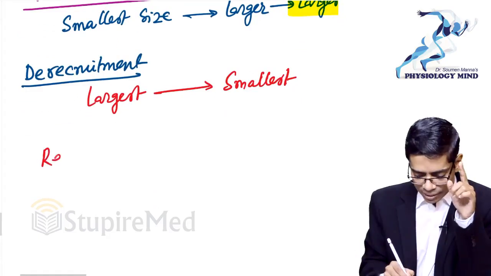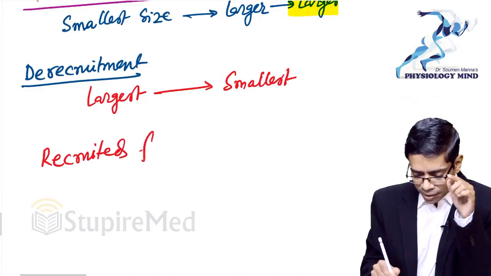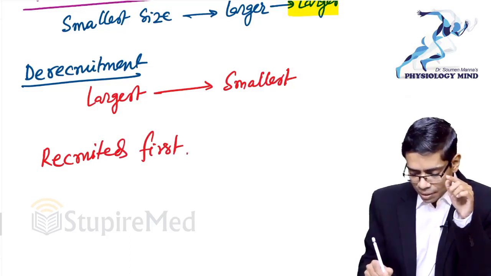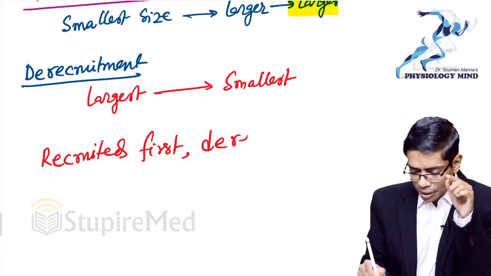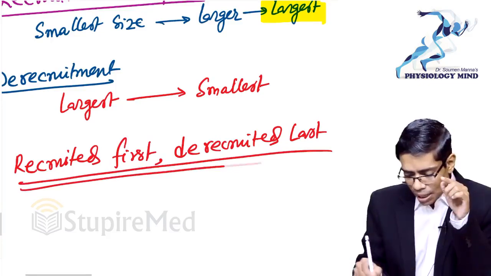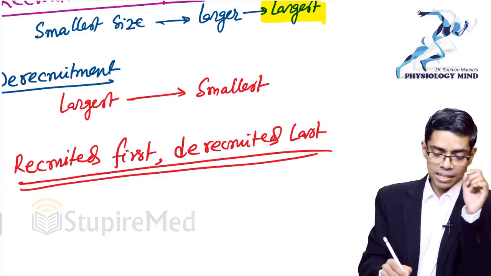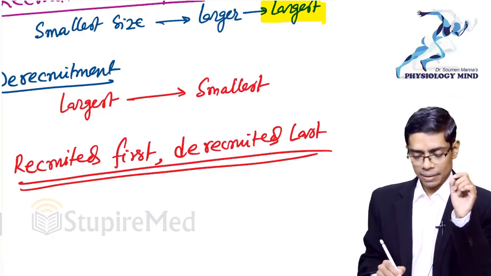So I am writing like this: recruited first is de-recruited at the last. This is known as the size principle, first described by the scientist Henneman.